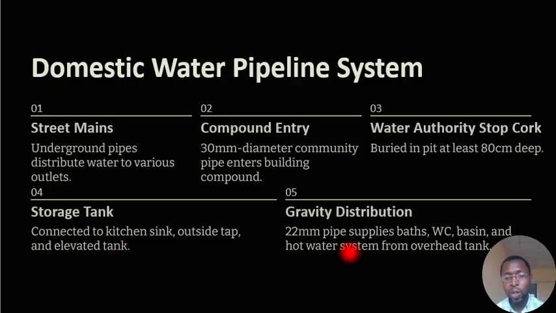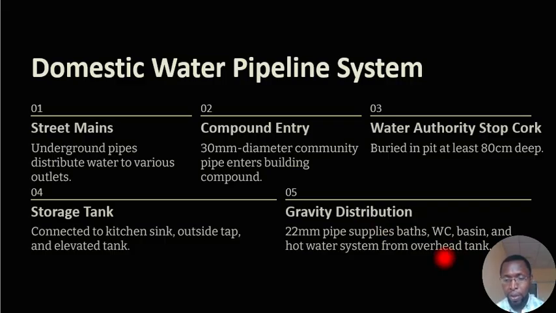Then lastly, we have the 22 millimeter pipe supplying the bath, water closet, basin, and hot water system from the overhead tank. So this type of pipe is connected from the overhead tank to all of these. All of this plumbing, the water closet, that's the toilet, our basins, our hot water system in the bathroom, are all connected using this pipe to an overhead tank that supplies the water.